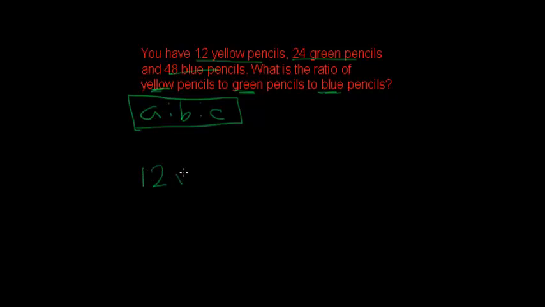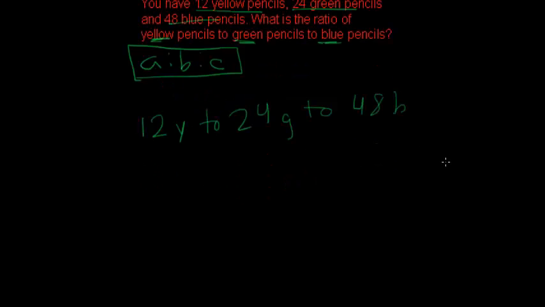So we have 12 yellow pencils to 24 green pencils to 48 blue pencils. So, just like we did in the past examples, we're going to have to divide these all by the same thing that they're all divisible by. So, they're going to all be divisible by 12. If you did not know that, you're going to divide 12 from each number.